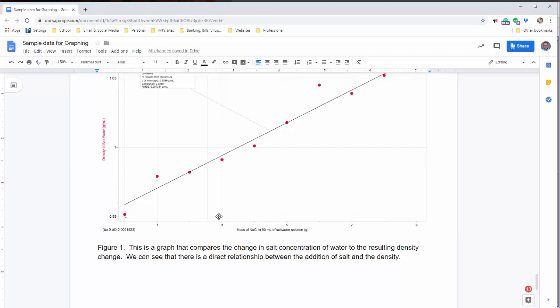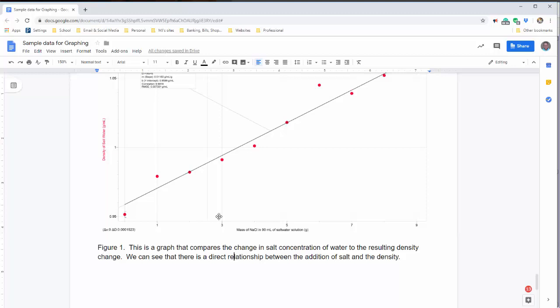Any questions about that? Your conclusion should explain how you determined the concentration of the unknown. To do that, you've got to explain how you created your calibration curve. That makes sense? If you don't explain how you created your calibration curve, you're not explaining how you found the concentration of the unknown. Any questions about all that?